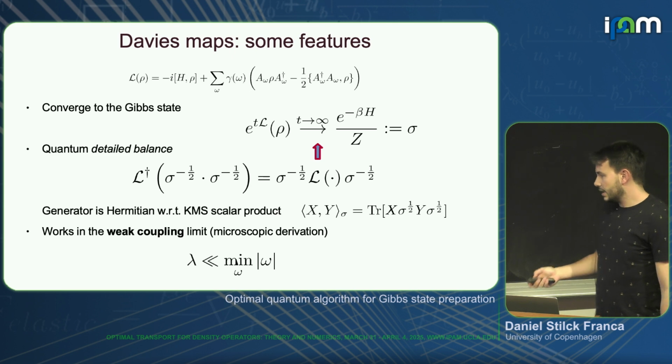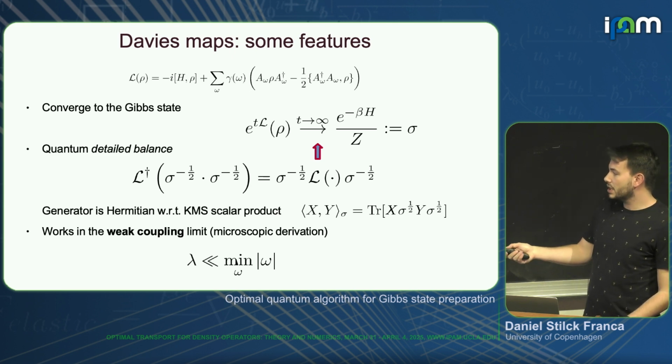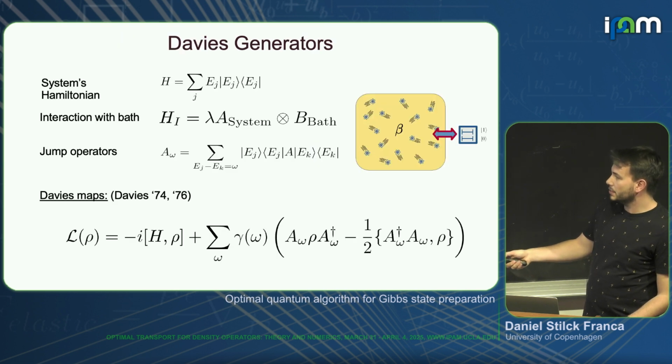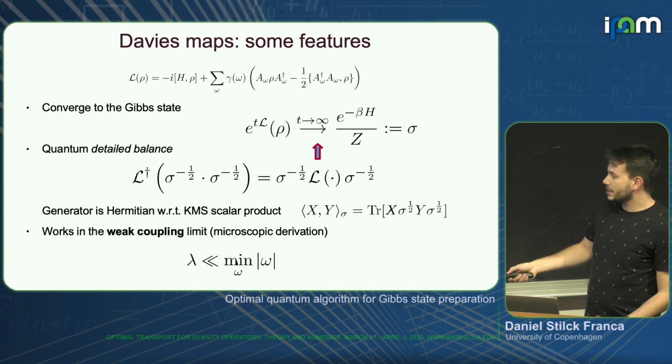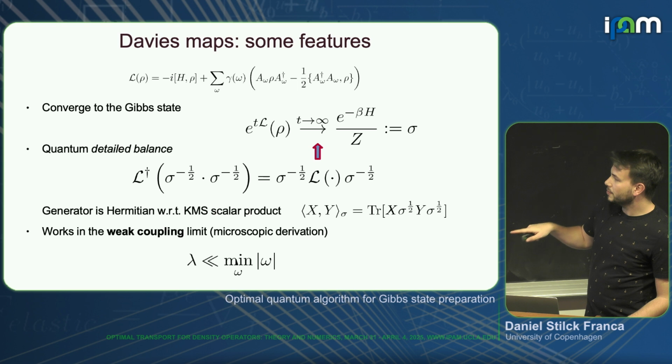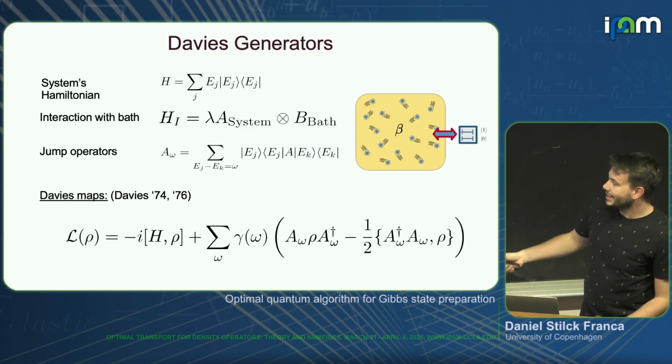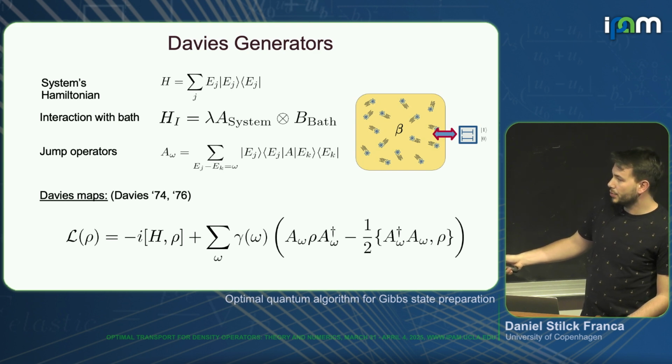Okay, and again, this derivation works in this weak coupling limit, where lambda again was the coupling between system and bath. When this lambda is much smaller than omega, and I should have said what omega is on the slide again. Let me jump back. Omega is the difference between the energies of your Hamiltonian.